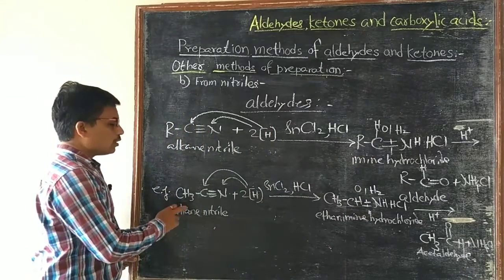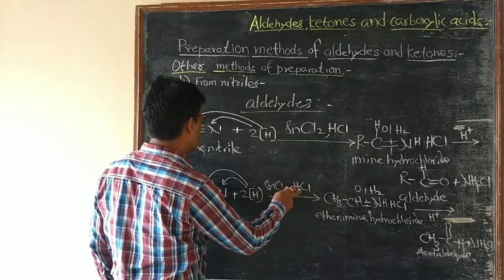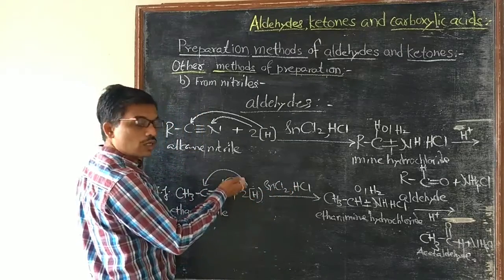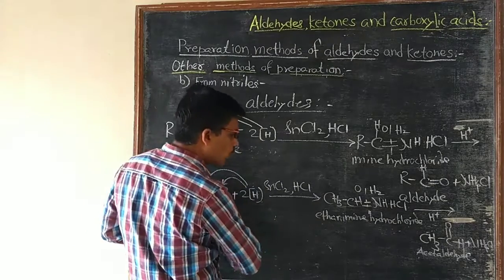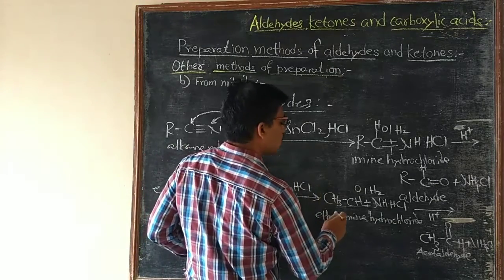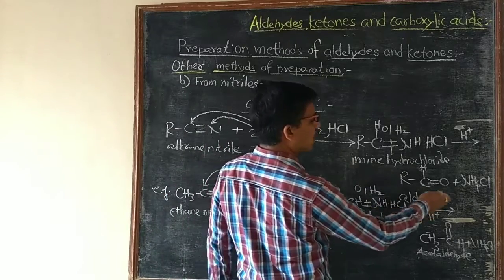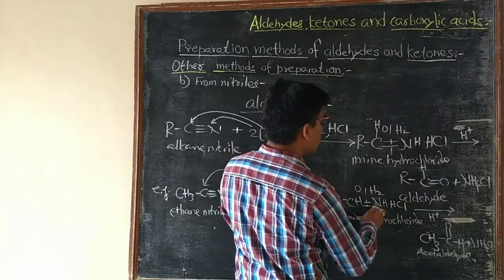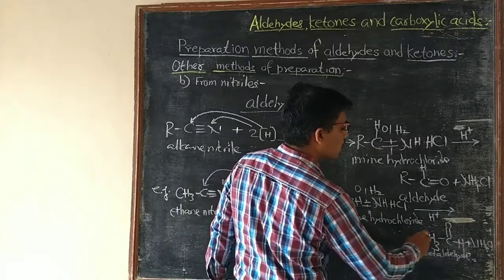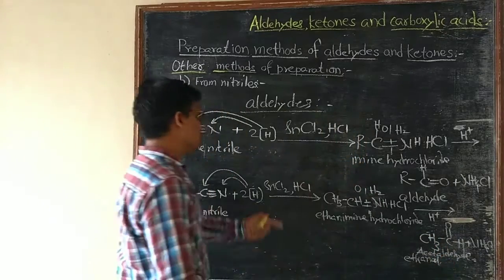That is, when ethane nitrile is treated with stannous chloride and hydrogen chloride, it undergoes reduction. One hydrogen goes to carbon, another hydrogen goes to nitrogen to form its corresponding ethanimine hydrochloride. That imine hydrochloride further undergoes hydrolysis in presence of acid, that is H plus, to form its corresponding aldehyde, that is acetaldehyde. In IUPAC system, it is ethanal.